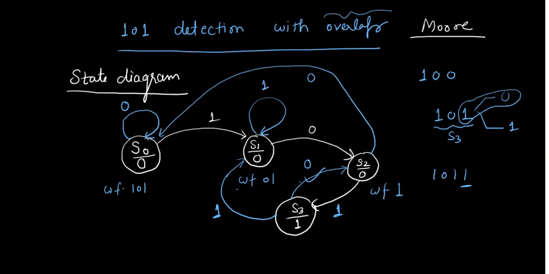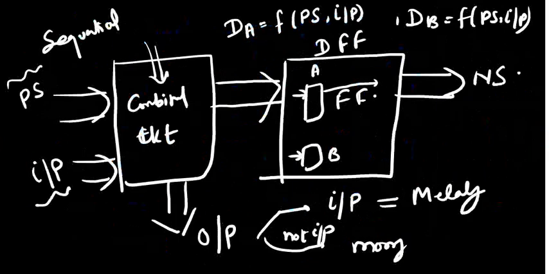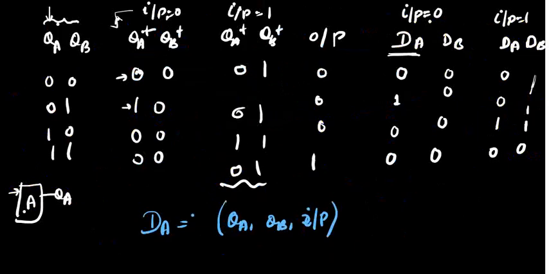Because if you remember, when we discussed that sequential circuits are memory elements, we design a combinational circuit in order to feed the memory element which will decide the next state of that memory element, and the inputs of the combinational circuit are the previous state as well as the input. Correct? So for the previous state and input, you have to find out what this function should be. For DA, similarly for DB, we have to find.